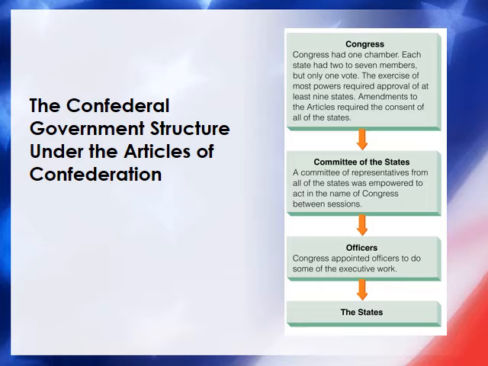There's no transportation system. If you're from Georgia, you're never going to go to New York. You're never going to go to Vermont. You're never going to go to a New England state. And so people are very much the product of their colony.